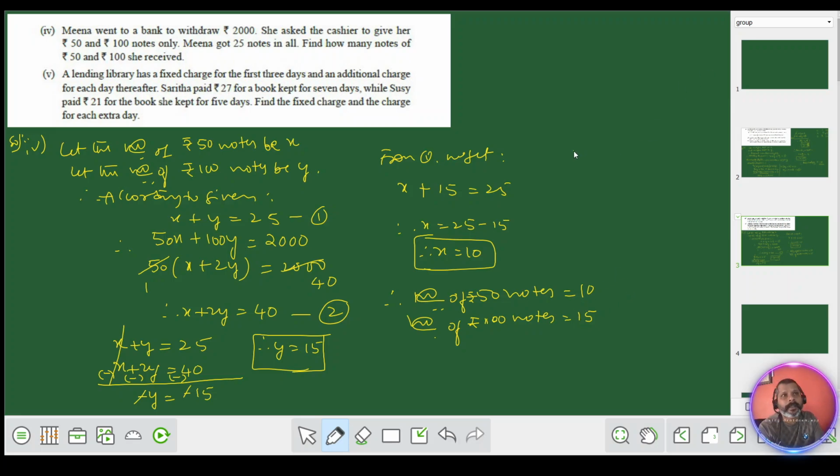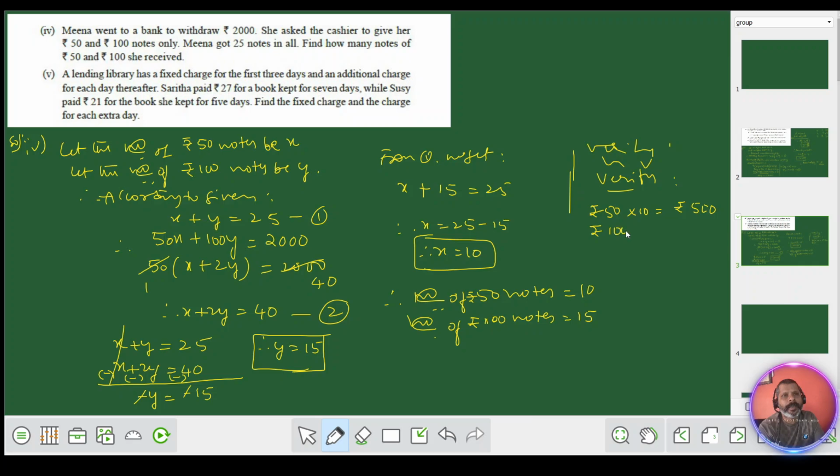You can verify here. Always do this part at the end or once you complete the question. Okay. What is verify here? Just check. 50 rupees into 10 notes gives you 500 rupees, right?